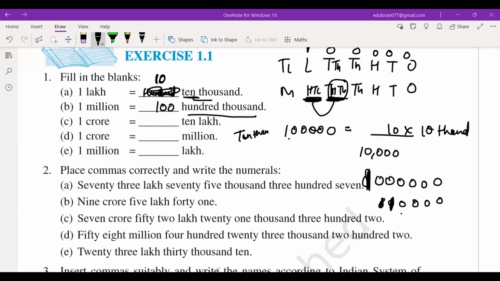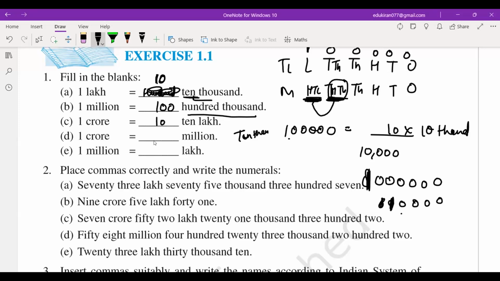Okay, finished. What did you get for the 1 crore? I got 10.